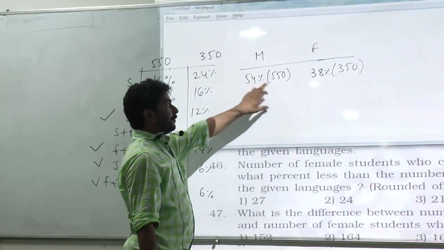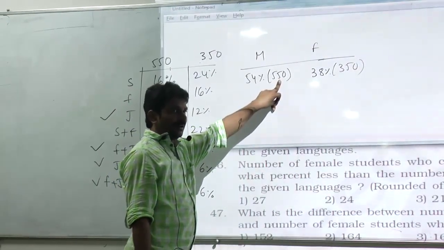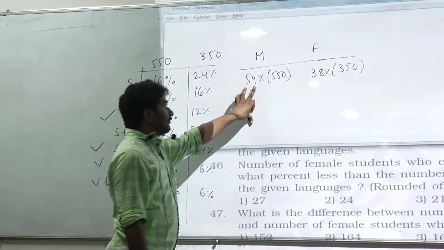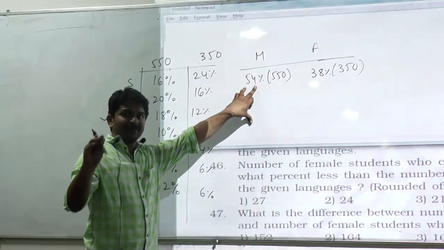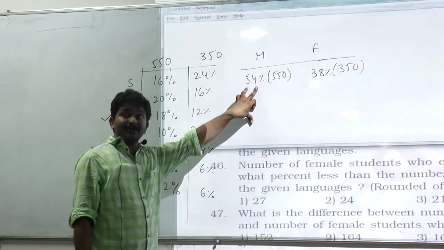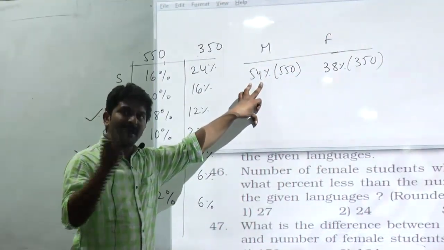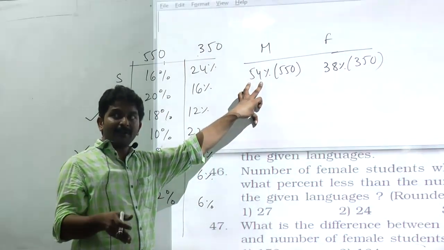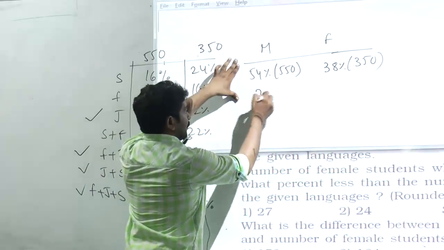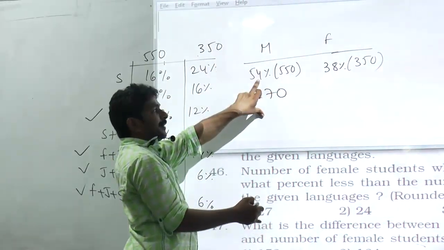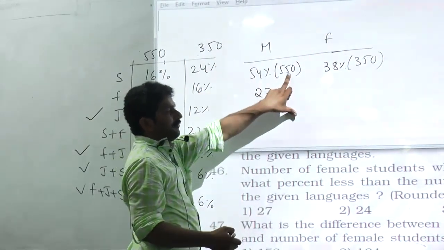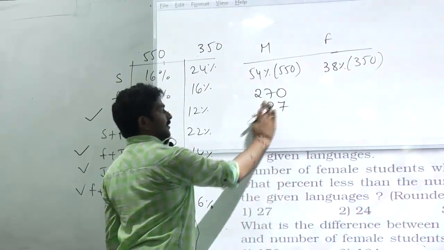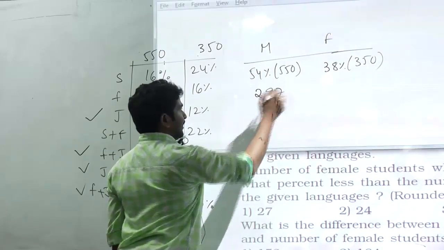You can say 54% of 550 or 550% of 54. 500% of this number is 5 times 54. 54 10 times is 540. Half of that 270. If 500% of this number is 270, 50% is 27. How much is this? 297.